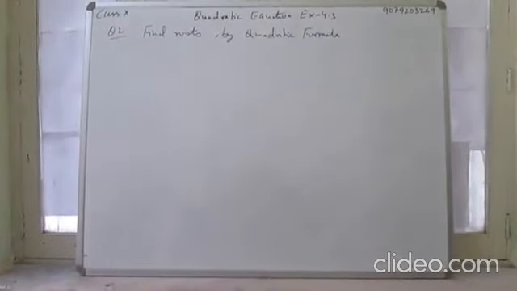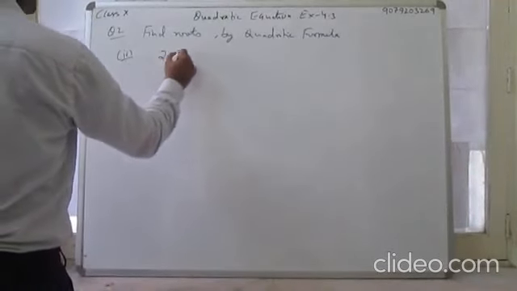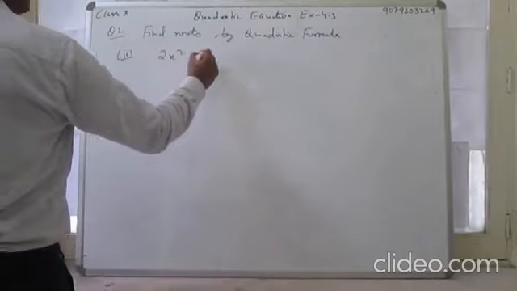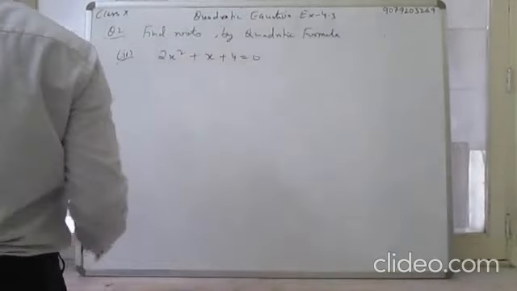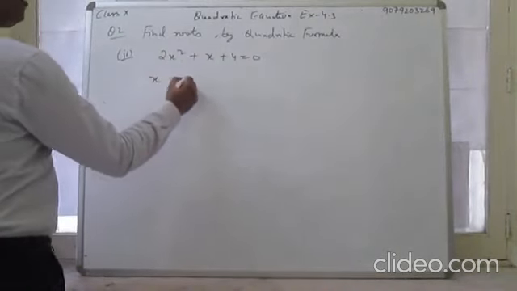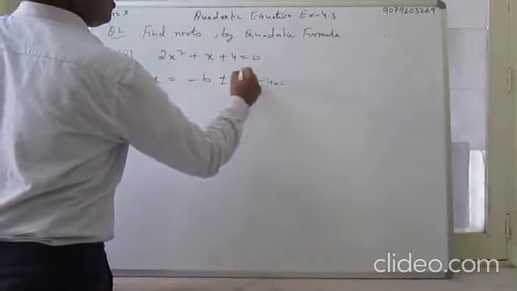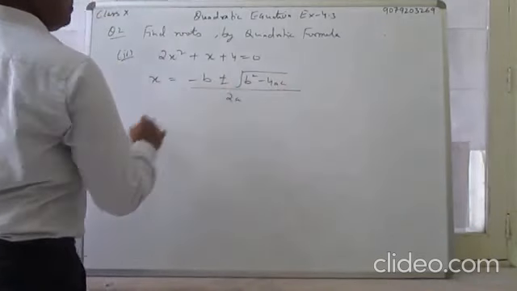Question 2, fourth part. The equation is given to you: 2x square plus x plus 4 is equal to 0. Use the quadratic formula. So write the quadratic formula: minus b plus minus under root b square minus 4ac upon 2a.